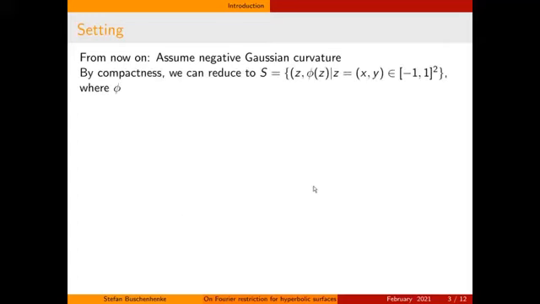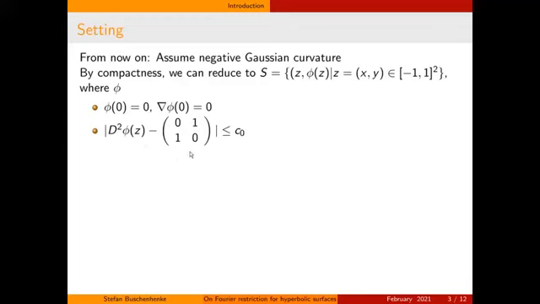Locally we can assume S to be the graph of a function phi, and by compactness it's enough to consider these local parts of the surface. We can also assume that phi of 0 is 0 and the gradient of phi is 0 as well, and that the Hessian matrix of phi is close to (0 1; 1 0), which is the negative curvature.